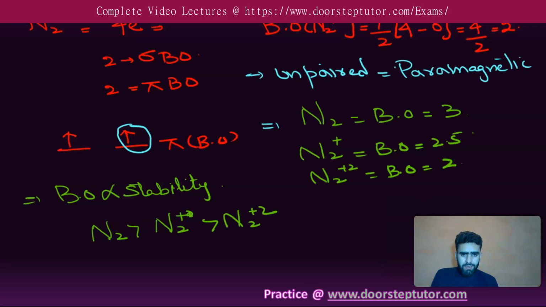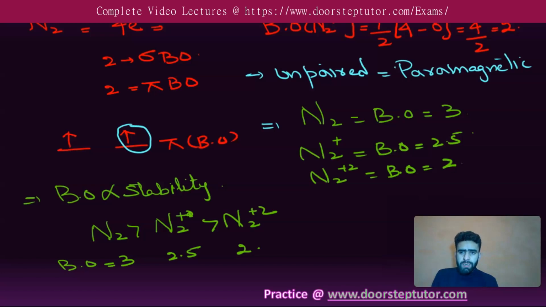Why? Because N2 has a bond order of 3, and N2 plus 2 possesses a bond order of 2. So this is the order of stability in the case of nitrogen species. N2 has a bond order of 3, which means it has the highest stability.